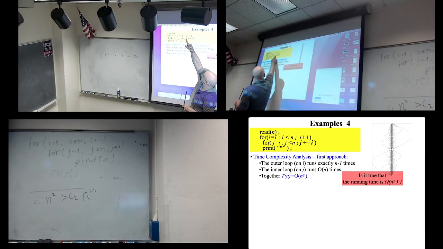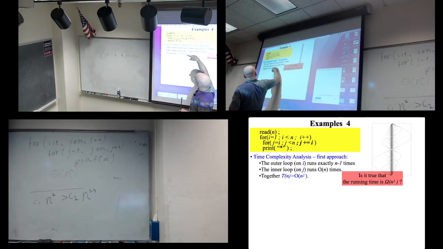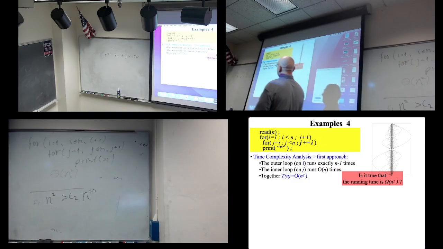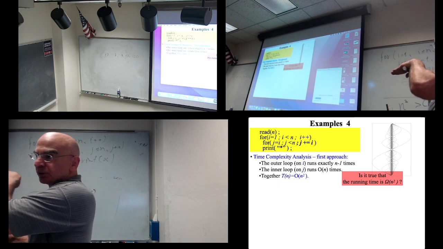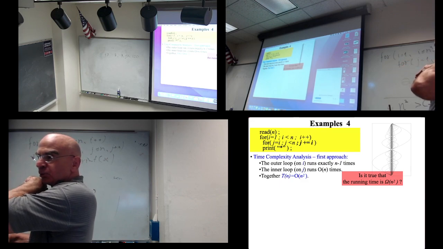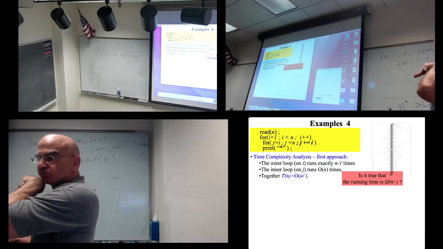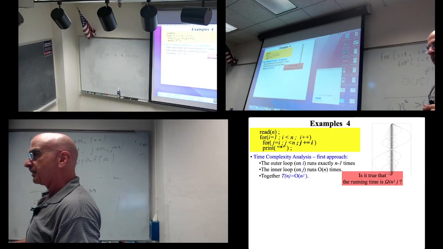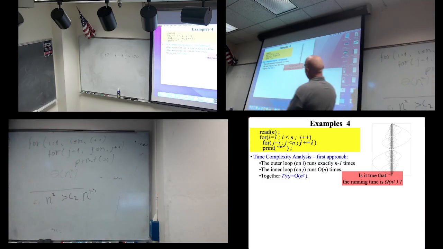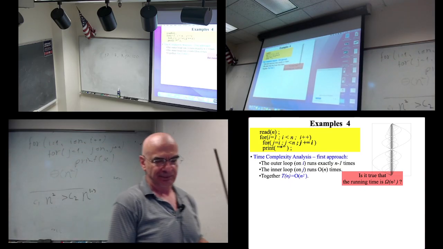Because whatever happens, if I add 1 to j at each iteration, then it's order of n squared. It just means something maybe happens earlier, but order of n squared is an upper bound. So maybe that's a good answer to your example. You already know that it's order of n squared, and it's an absolutely true answer. But is it true or false that it is omega of n squared? It's false. Something here should be faster than n squared. Right? Anybody has a guess? What should it be?